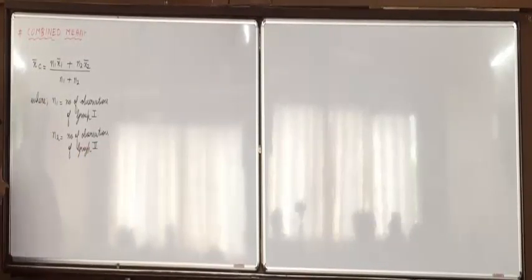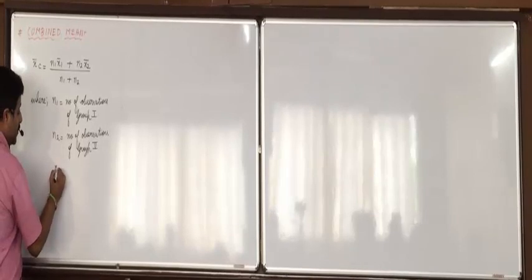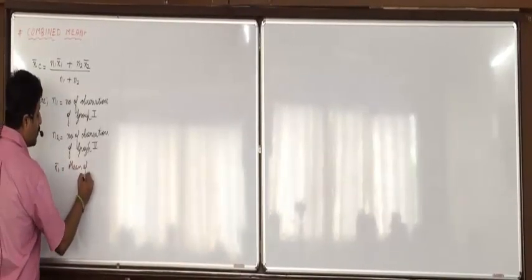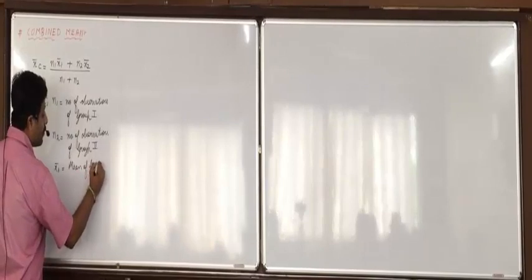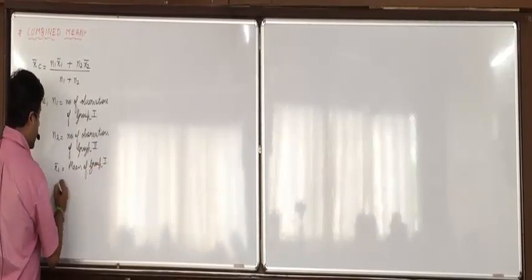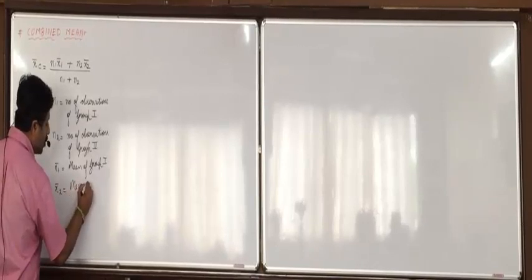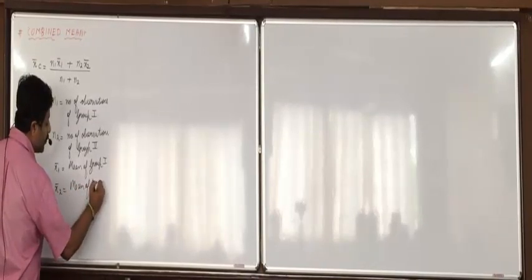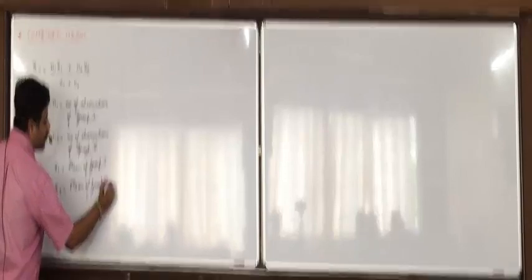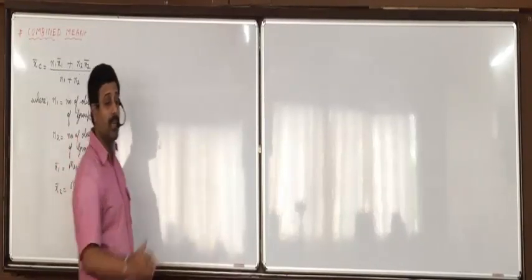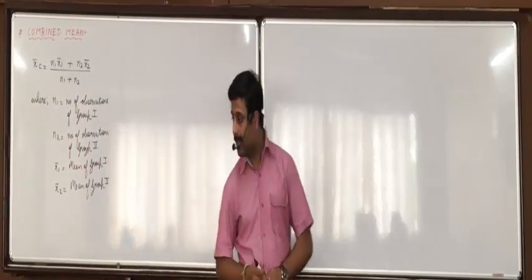Then X1 bar will be mean of group 1 and X2 bar will be mean of group 2. Like the example which I gave you, the two groups are boys and girls.